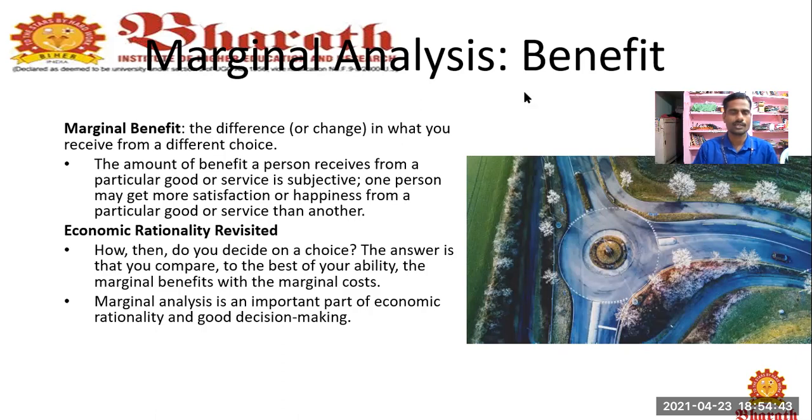Economic rationality, marginal benefit. Economic rationality revisited. How then do you decide on a choice? The answer is that you compare to the best of your ability the marginal benefits with the marginal cost.